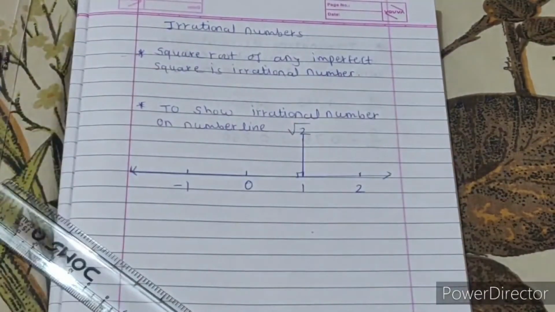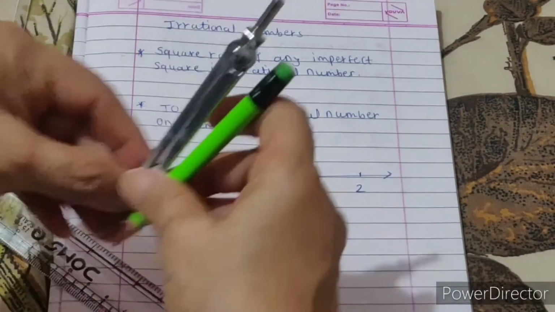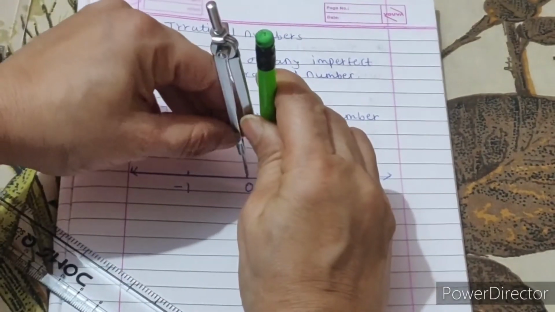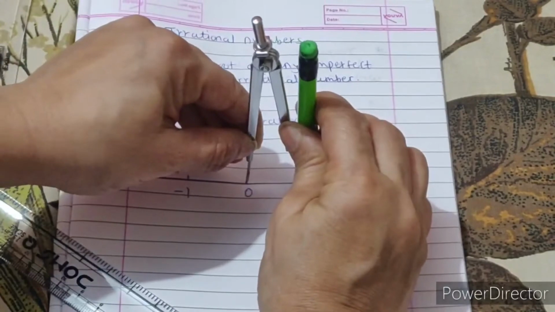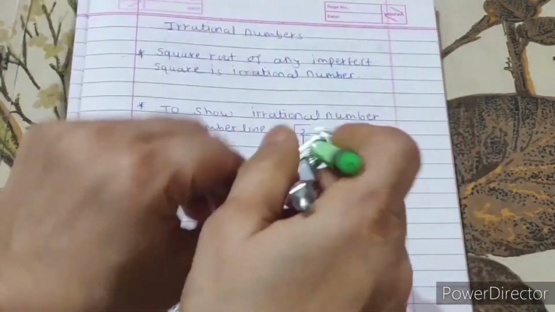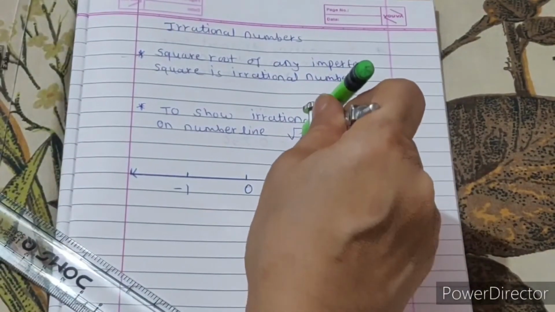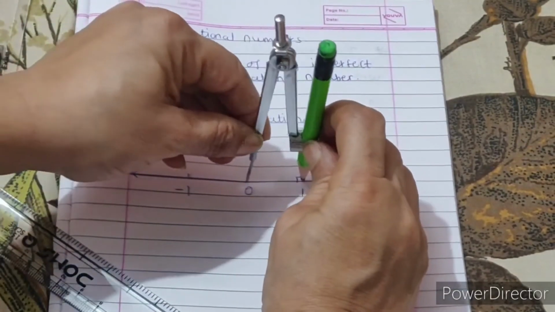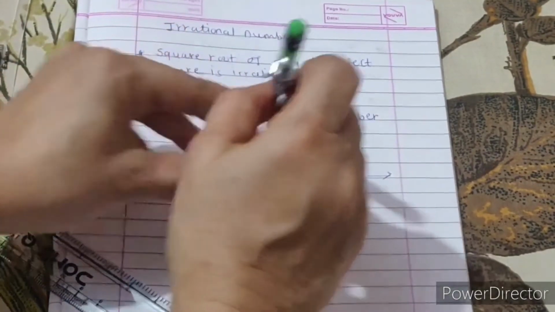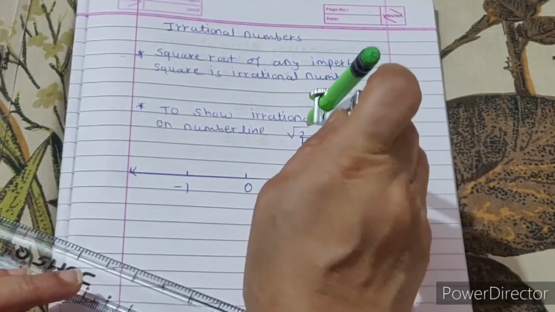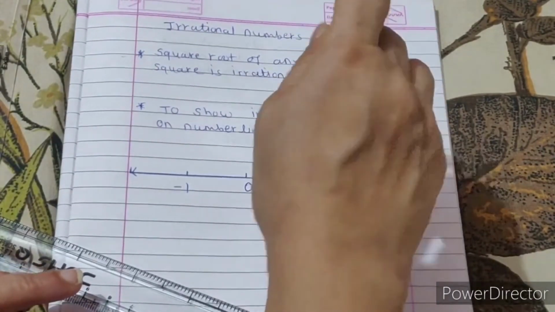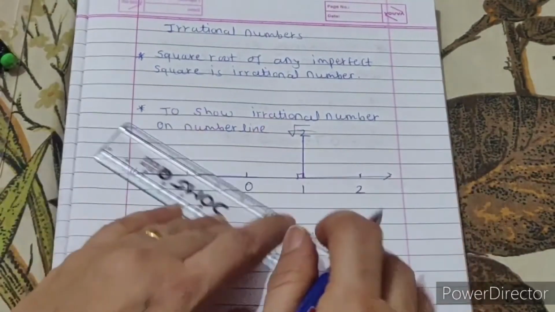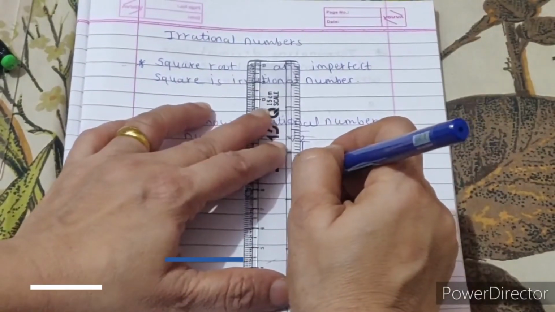Now whatever the distance between 0 and 1, take the same distance from 1 on this line. It will be up to this point.